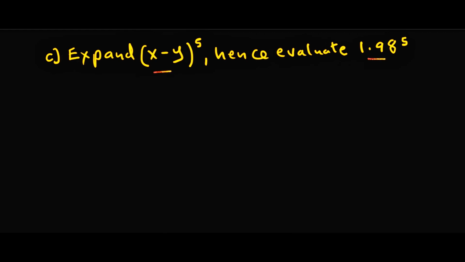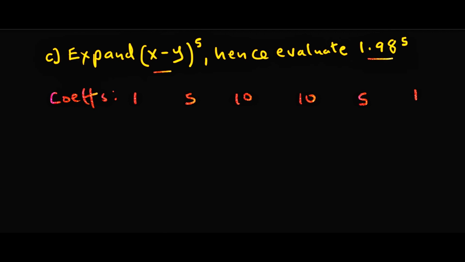We write the numerical as a binomial, that is something plus something. So let us first of all expand this. So from the Pascal's triangle we can obtain the coefficients, and just like in the previous example, these should be 1, 5, 10, 10, 5, and 1.